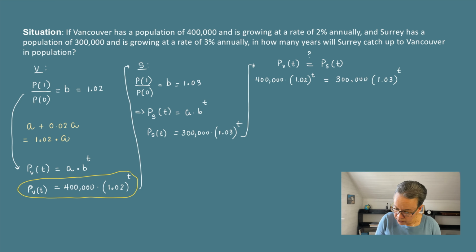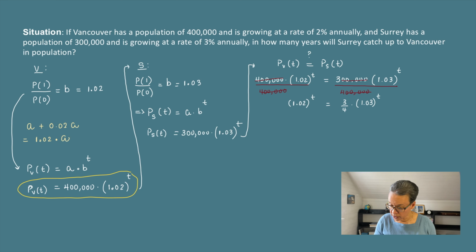Now what we are going to do is to start simplifying as much as possible. So I'm going to go ahead and divide both sides by 400,000. Same thing over here. This will cancel and this will simplify beautifully to 3/4. So we're going to have 1.02 to the t equals 3/4 times 1.03 to the t.